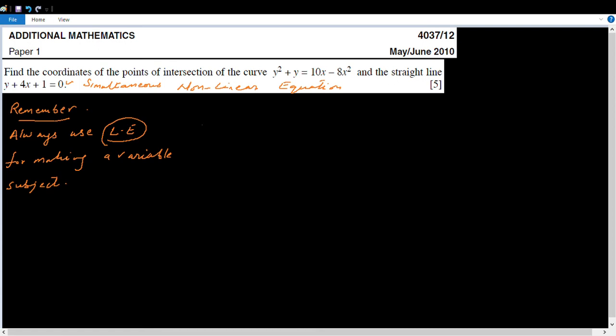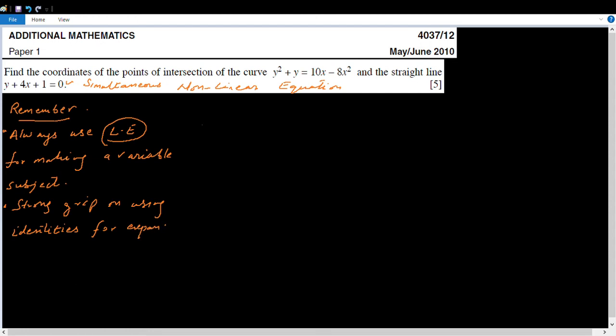And one more thing which you have to remember, that you must have a strong grip on using identities for expansion. If you know, very good.